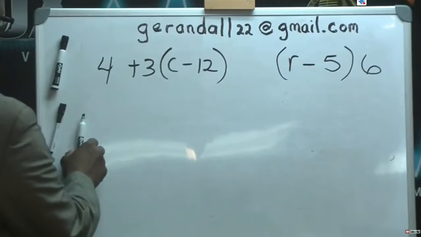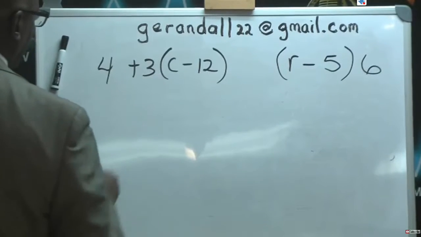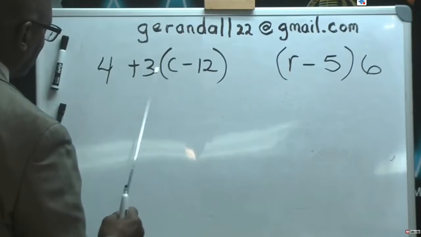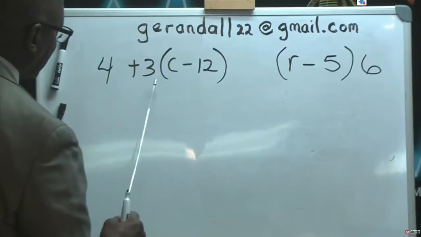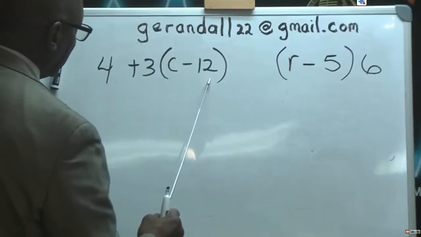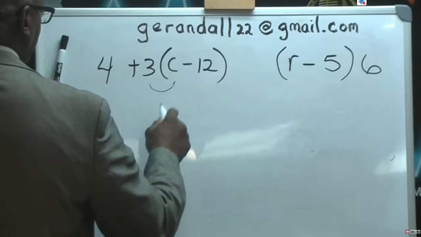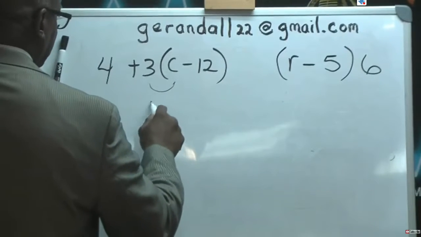Okay? However, our distributive property says that we can multiply 3 times C, and we can multiply 3 times a negative 12. So, 3 times C is 3C.